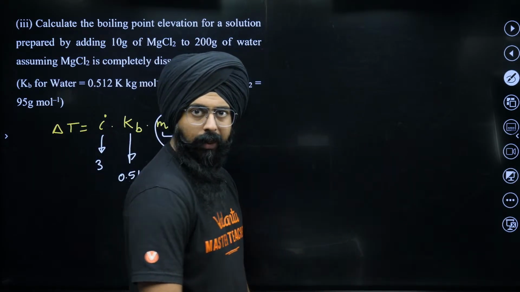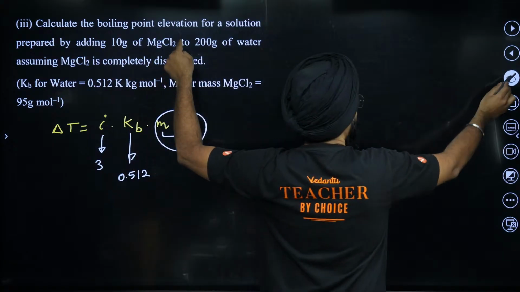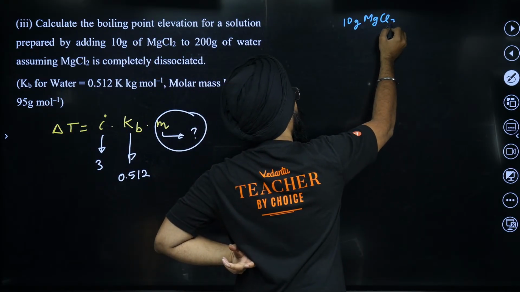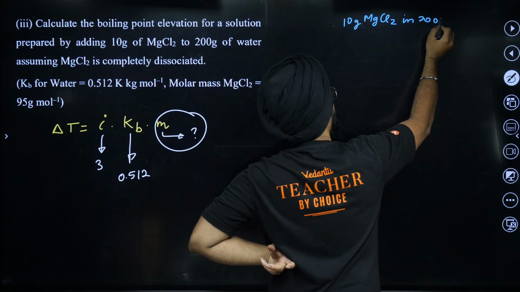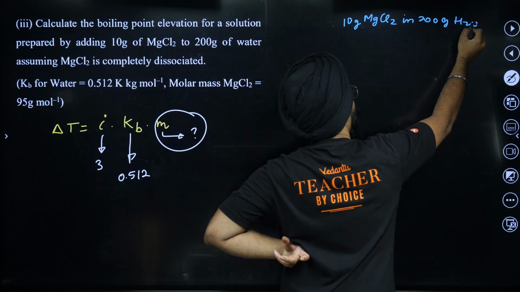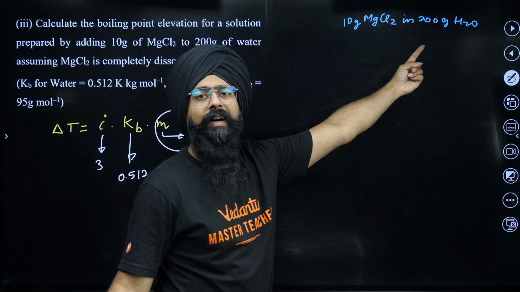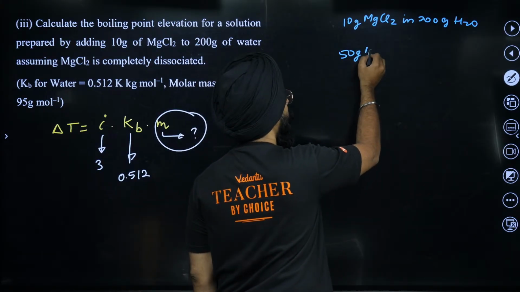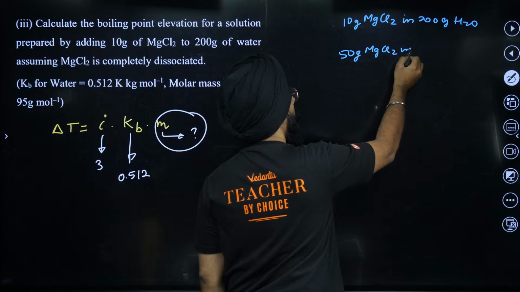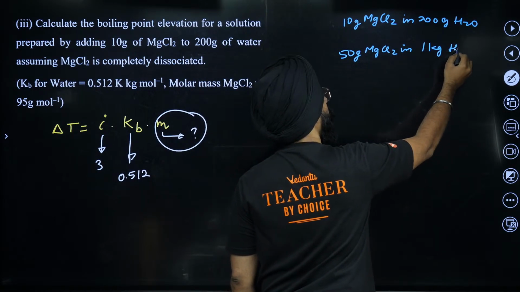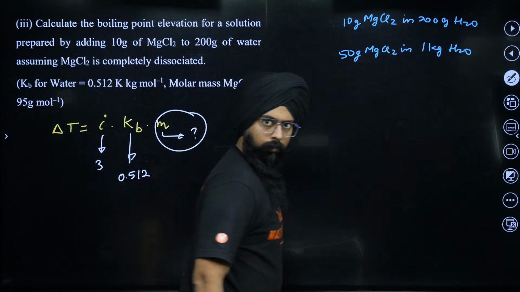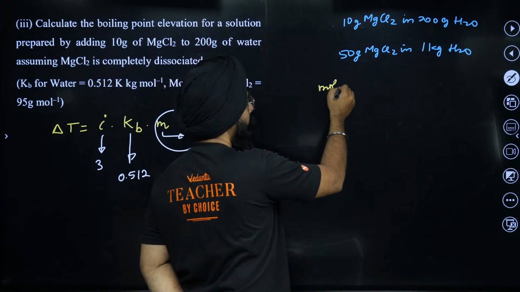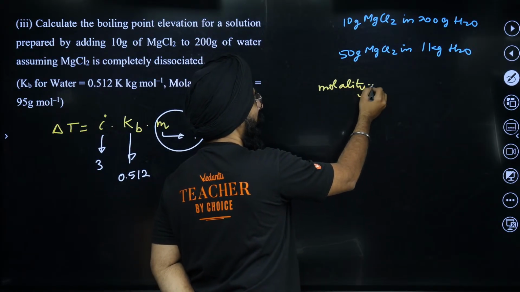For molality, what can we do? It says 10 grams of MgCl2 in 200 grams of H2O. If I multiply by 5 on both sides, I can say I have 50 grams of MgCl2 in 1 kilogram of water. Now, what is molality?